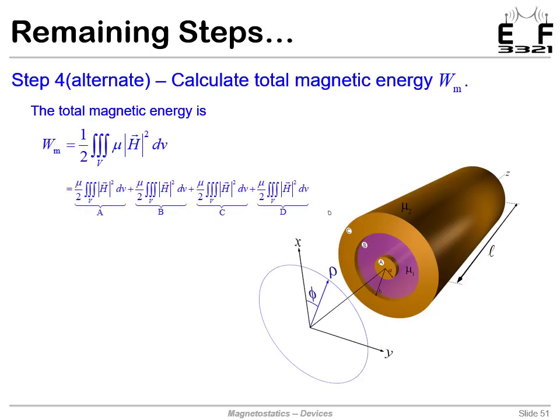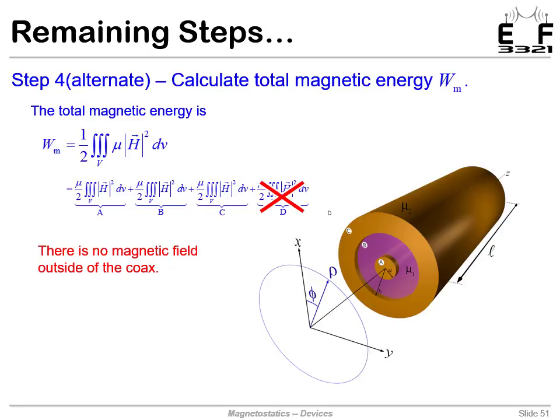So we have found the field in our 4 different regions. So if we're calculating the total magnetic energy, we can apply that integral to each of those regions separately. So that's what we'll do. Well, we know that the magnetic field outside of the coaxial cable is 0, so that last integral drops out. Another thing, typically in a coaxial line, this outer conductor is very thin.